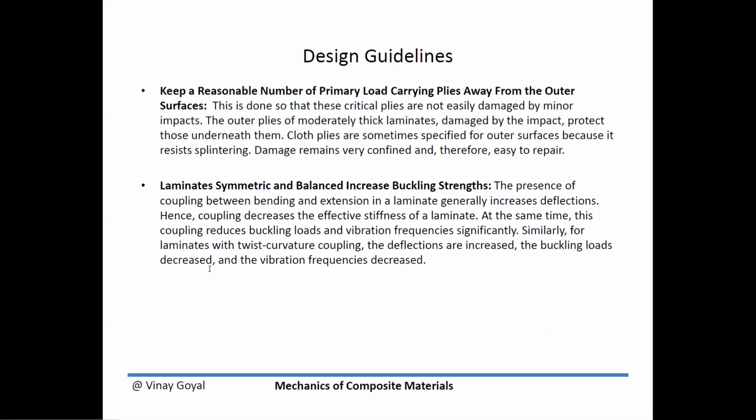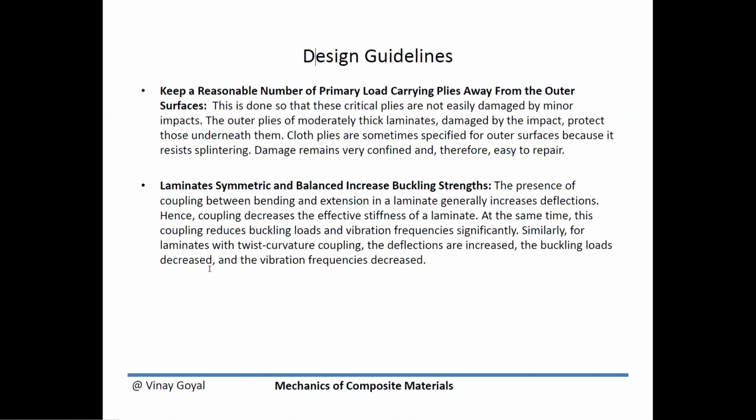You also want to keep a reasonable number of primary load carrying plies away from the outer surfaces. One of the reasons that's beneficial to do is because these critical plies are not easily damaged by minor impacts.